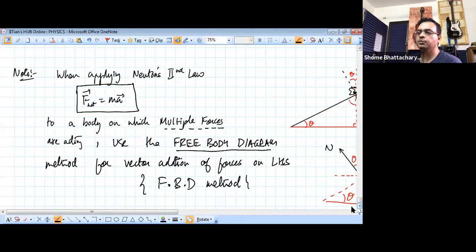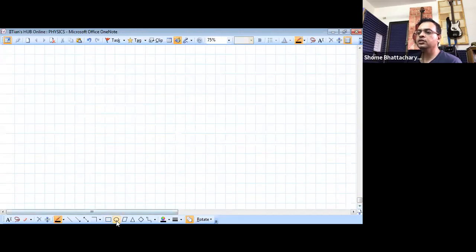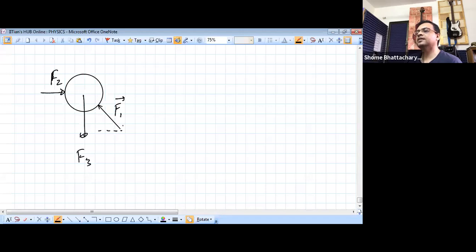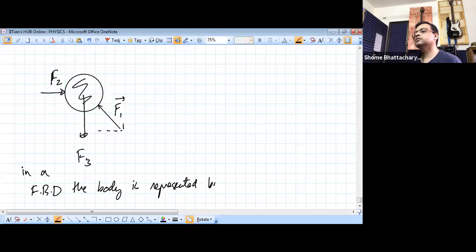So in the FBD method or free body diagram method, what we do is, instead of showing the body like we've done in the previous example as a shape like this, if there are forces, let's say F1, F2, F3, whatever, at various angles, in a free body diagram the body is represented by a point mass or like a particle.